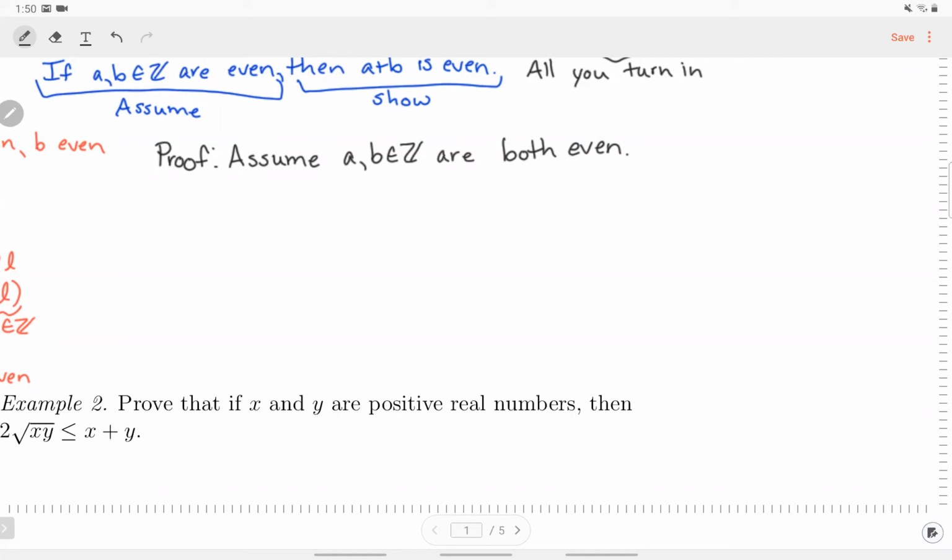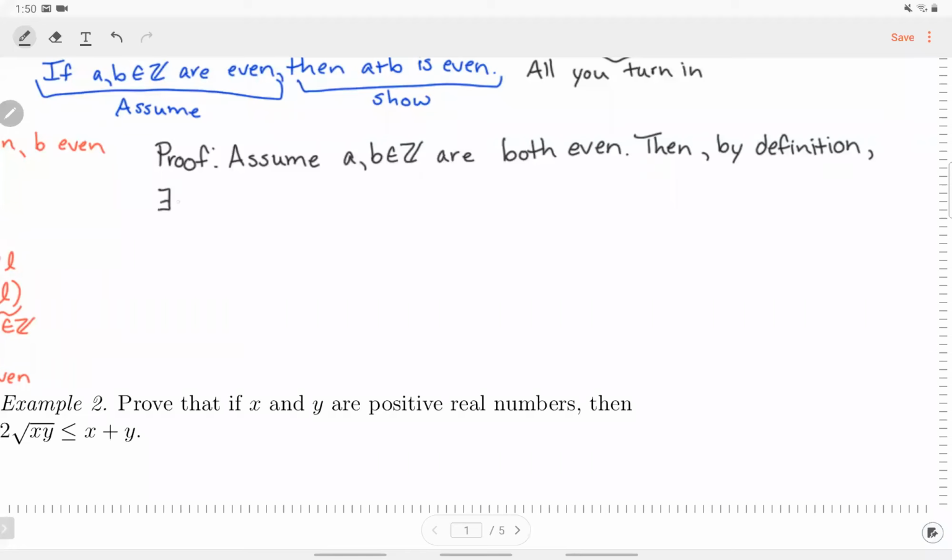Now we just go through our logic, but using complete sentences. Then, by definition, that way I'm referencing what I'm using. I'm using the definition. Okay.